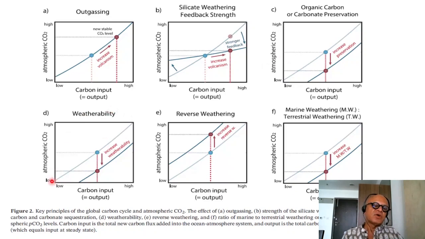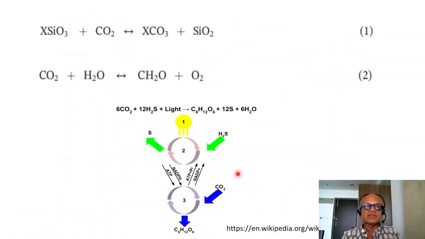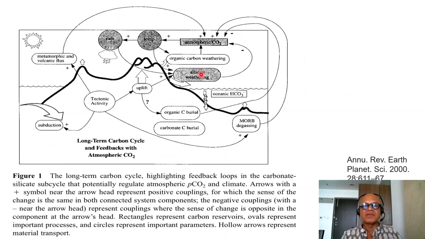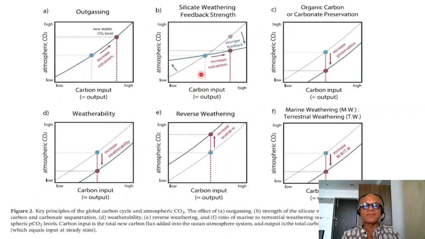Weatherability. So an increase in weatherability would also modulate atmospheric CO2 and change total carbon pools. Weatherability obviously depends on the things that we talked about in the feedback picture before. Sorry, going to these processes here.